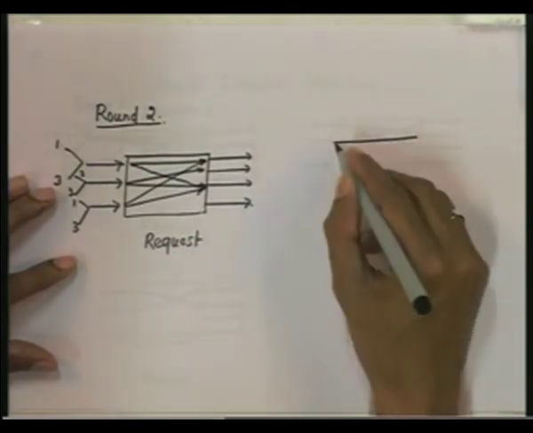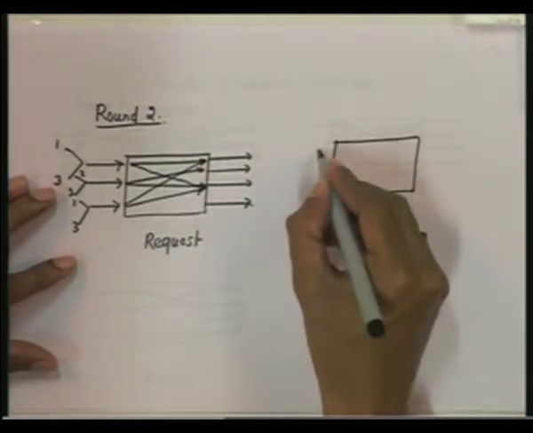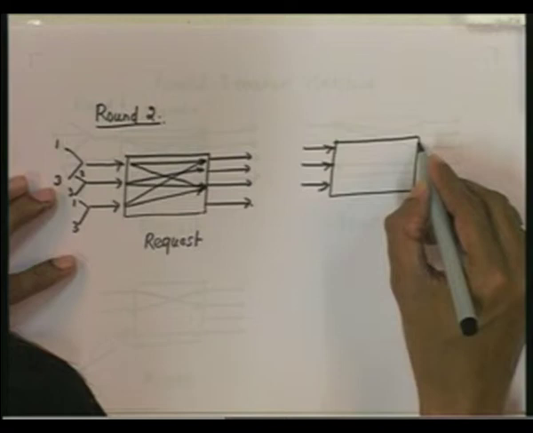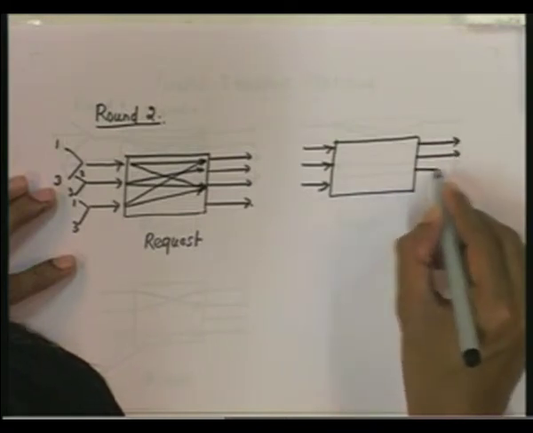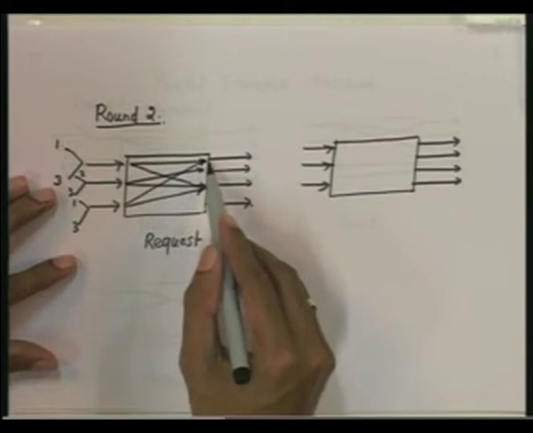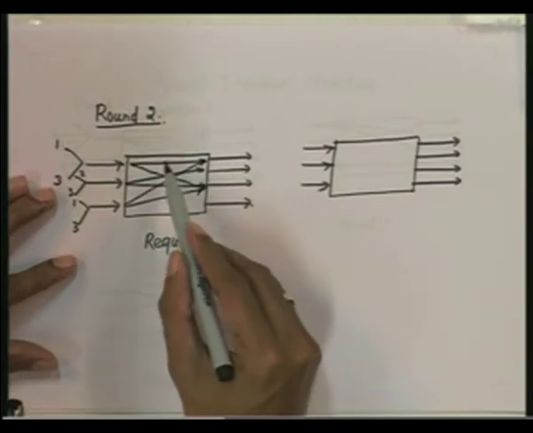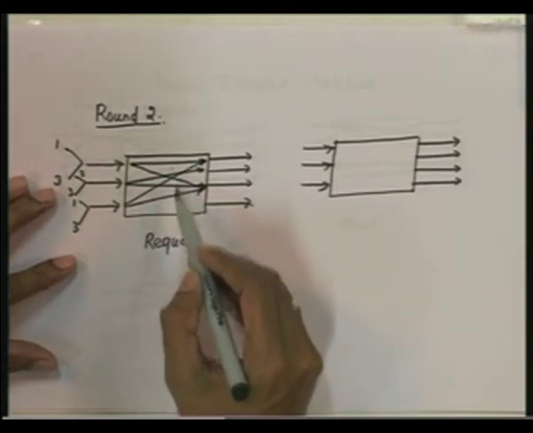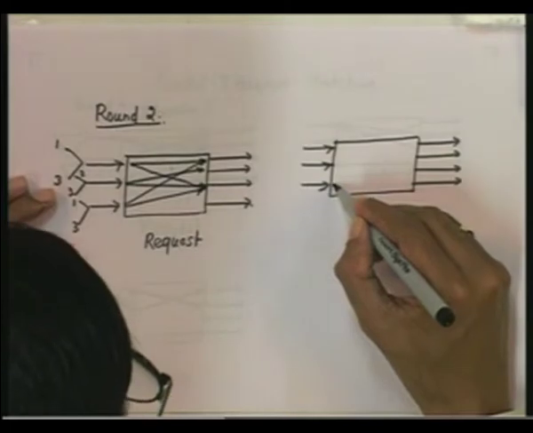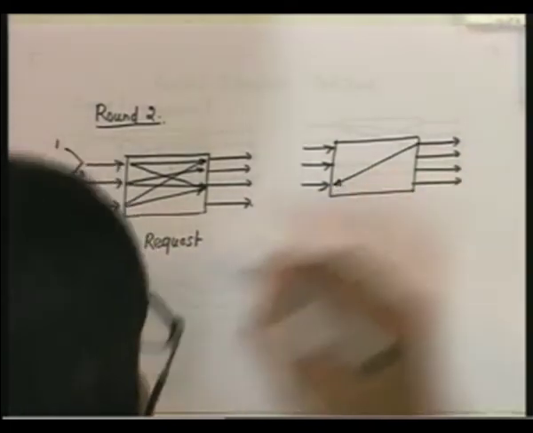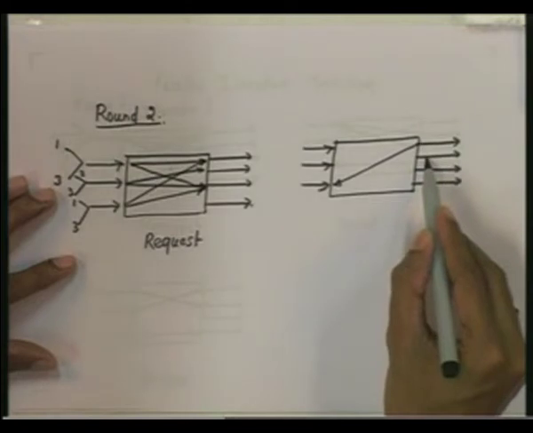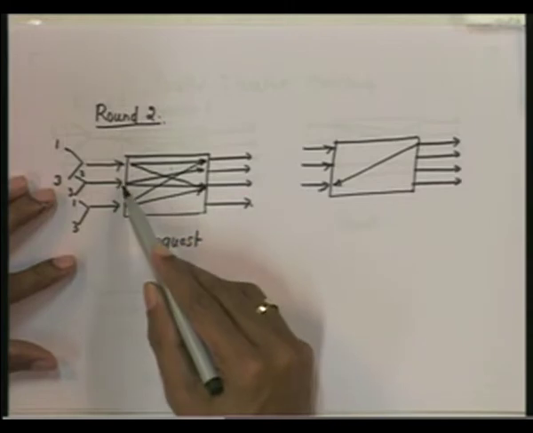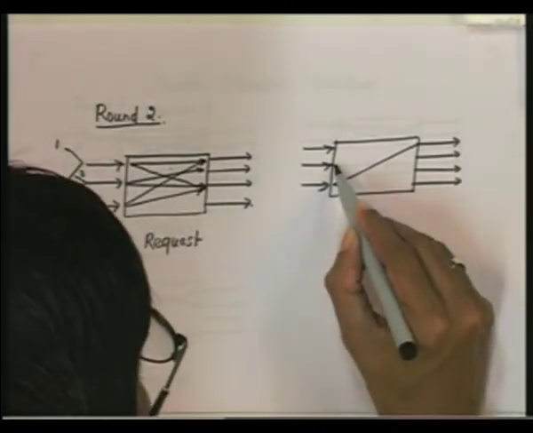Now in the grant phase, this output port has received requests from input port 1 and 2. So it can randomly select, let us say it gives a grant to port 3. Then this output port has received a request only from port 2, so it can grant it to port 2.